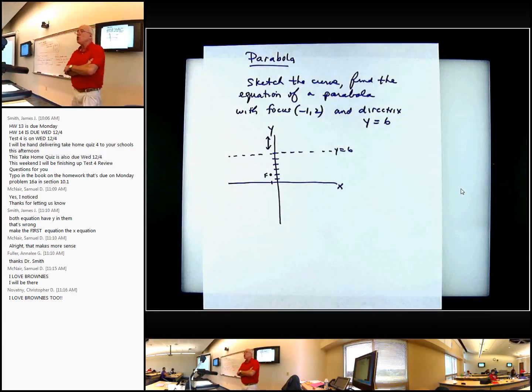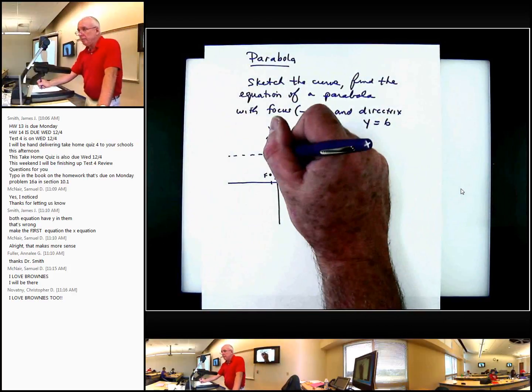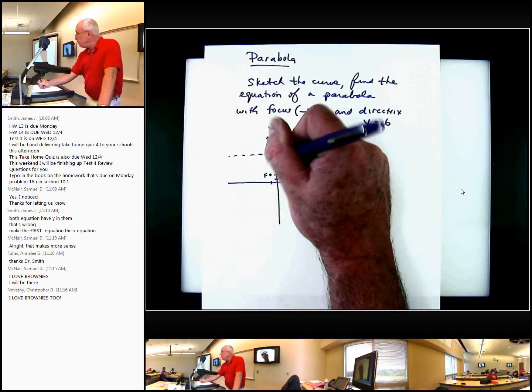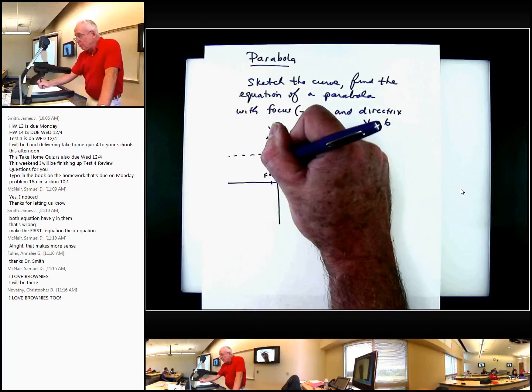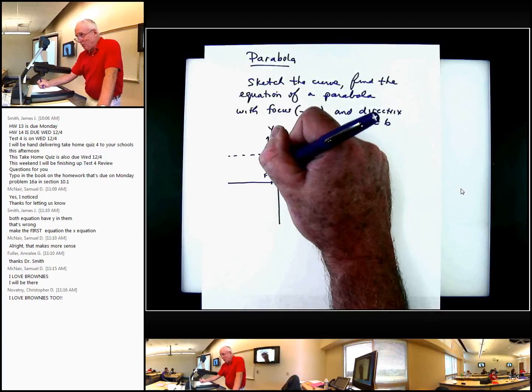First of all, this thing is going to go up and down. It's going to actually go down. If this is the focus and this is the line, the vertex has to be midway between the focus and the line. I'm sorry, I think I misspoke just a minute ago. The distance between the point on the parabola and the line has to equal the distance to the focus. I think I said something wrong, all right?